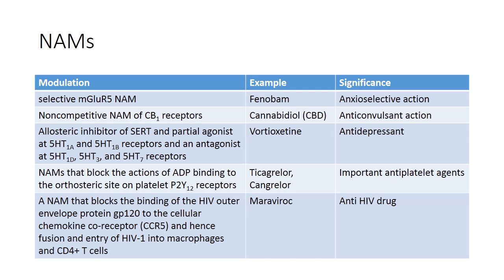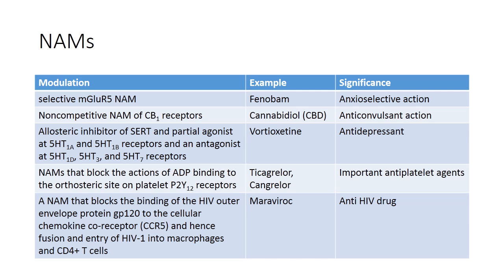Like PAMs, there are also NAMs, and these NAMs are also very specific to a particular receptor subtype. A selective NAM at a glutamatergic receptor is fenobam, which has anxioselective action. A non-competitive NAM at the CB1 receptor is cannabidiol, a drug which exerts so many actions, but one important action is anticonvulsant action because of the NAM activity at CB1 receptors.